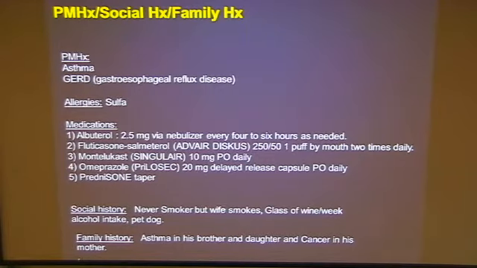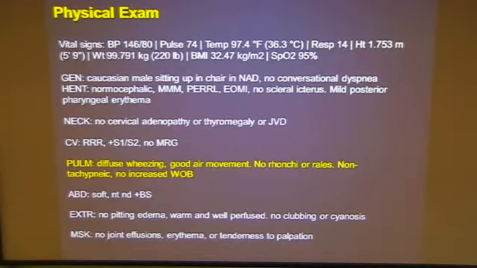Social history, never smoker, but his wife smokes, drinks a glass of wine per week, has a dog at home. Family history, has asthma in a brother and a daughter, cancer in his mother. Any questions about any of that? Any other information you want? Okay, so this was his exam.